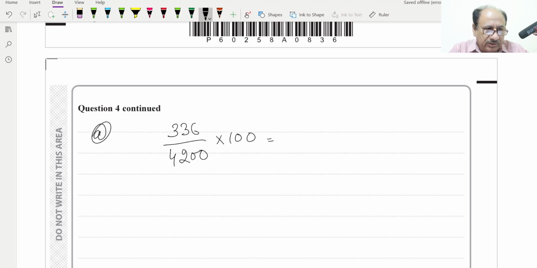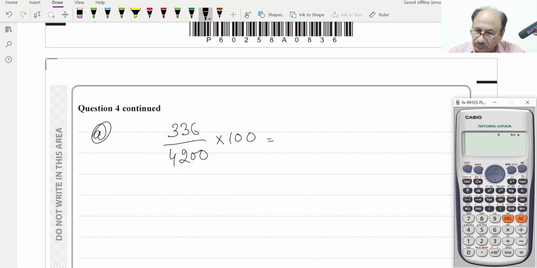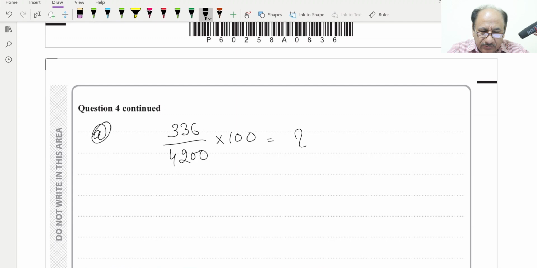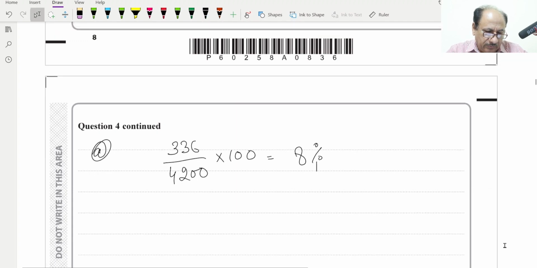We can calculate this, 336 divided by 4200, multiplied by 100. This is equal to 8%. So for part A, the answer is 8%.